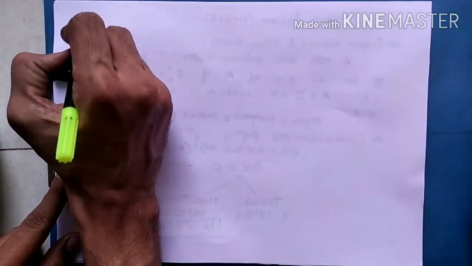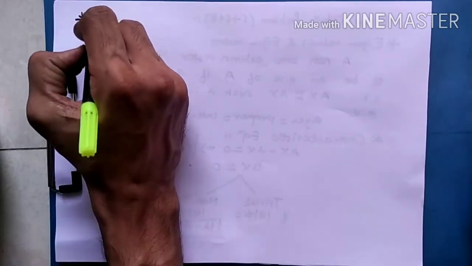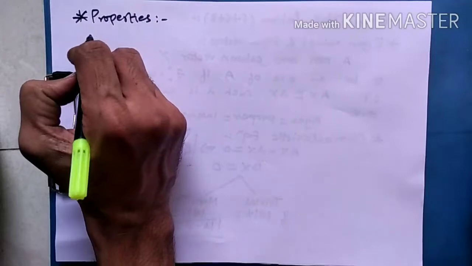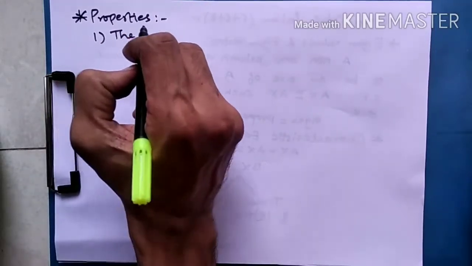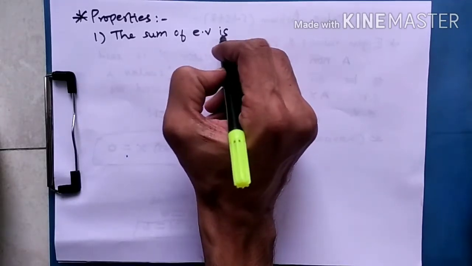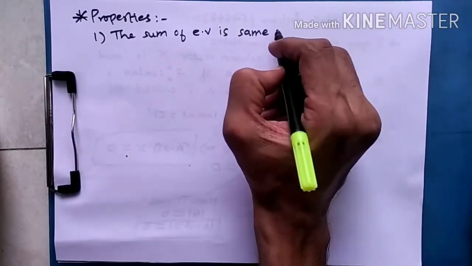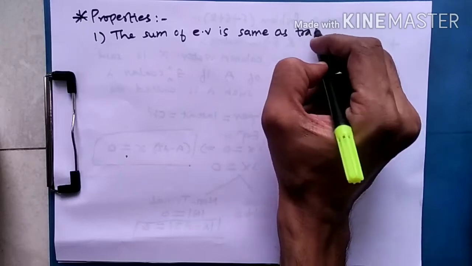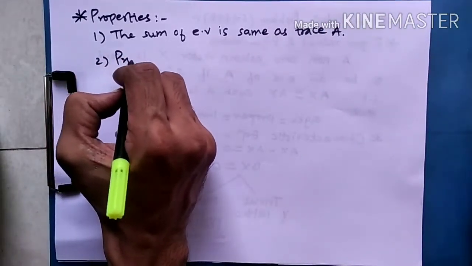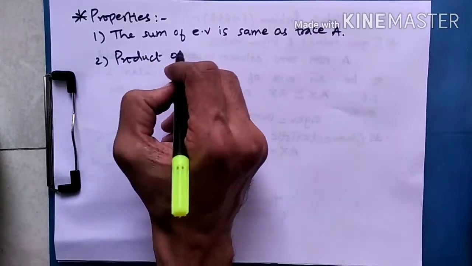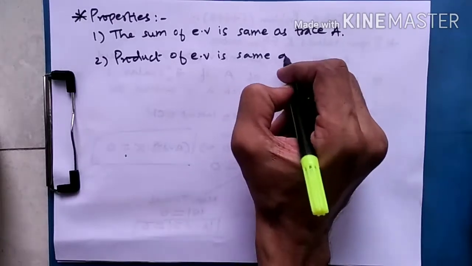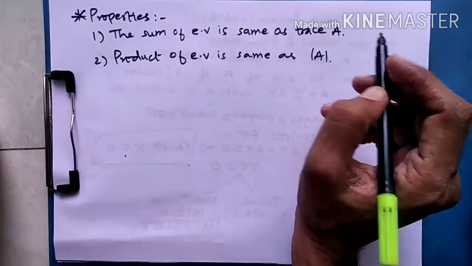Now let us discuss some properties of eigenvalues and eigenvectors. First one, the sum of eigenvalues is same as trace of the given matrix. Second is product of eigenvalues is same as determinant of given matrix.